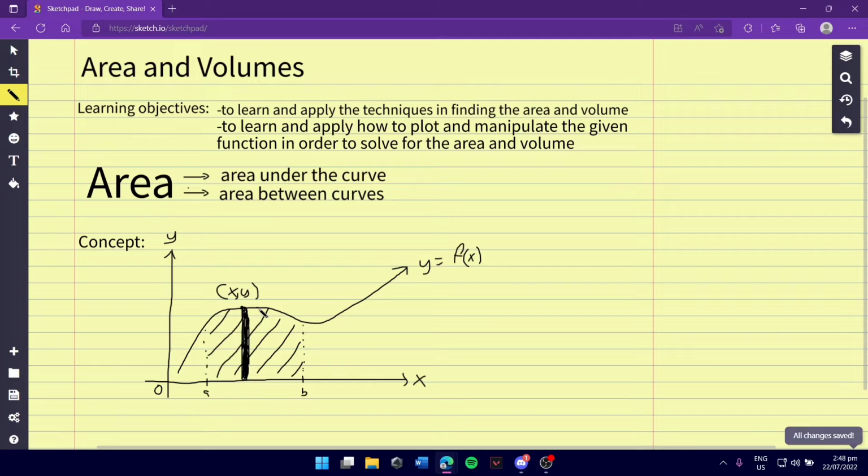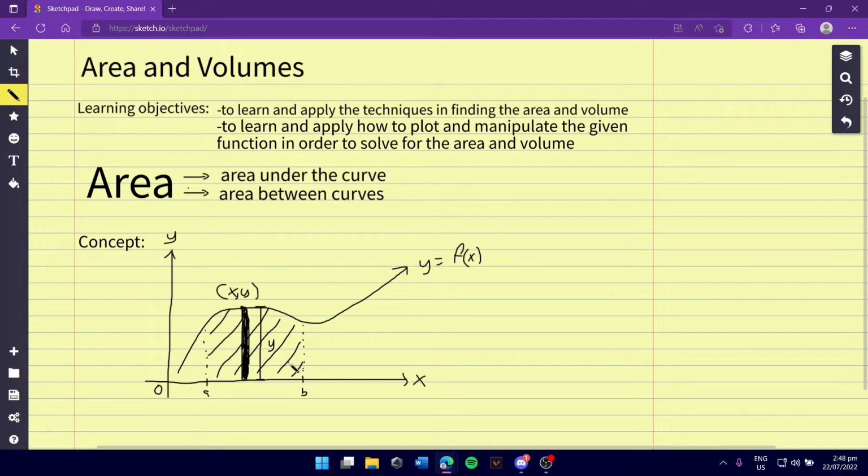Next, we're going to find the length and the width of the vertical strip. From here to here, from the top to the bottom, this is your height, which is your y.